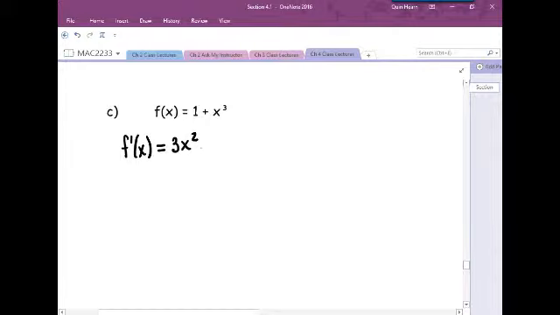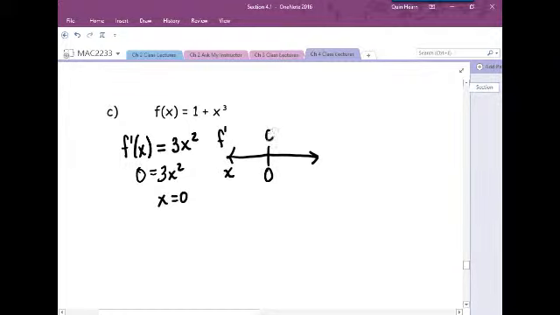The first derivative of this function, well, the derivative of 1 is just 0. The derivative of x cubed is 3x squared. So that's never going to be undefined because it doesn't have a denominator, a square root, or a natural log. But it could be equal to 0. So let's set it equal to 0. Now the only way that can equal 0 is if x happens to equal 0. So that's the only critical value. So we're going to make a sign chart.